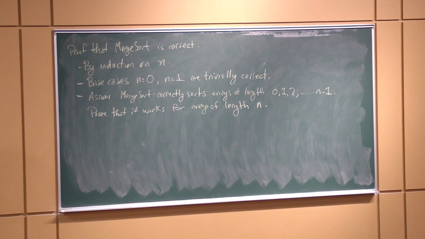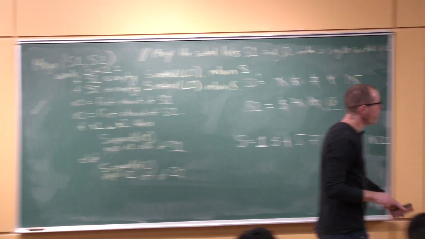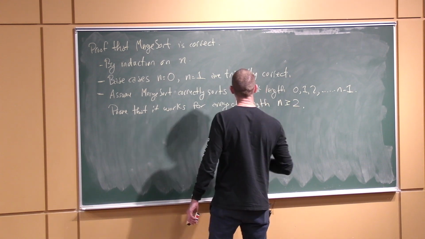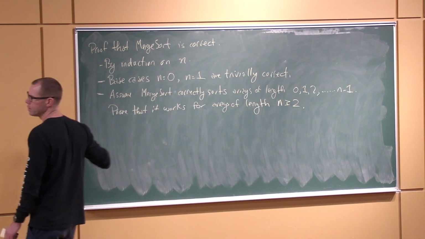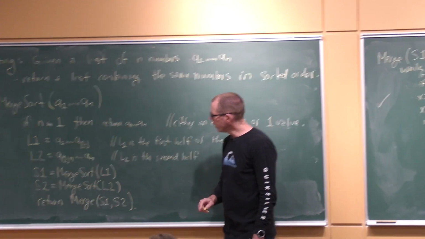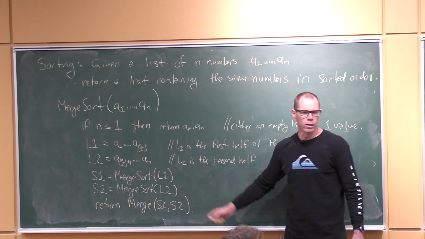Okay, so let's look at the code for MergeSort, and this is now for n bigger than or equal to 2 because we had the base cases 0 and 1 already. So we look at the code. Well, MergeSort gets called recursively on L1 and recursively on L2.